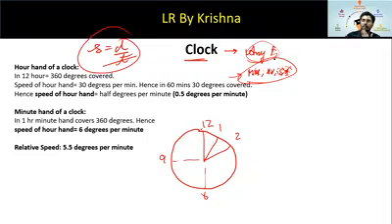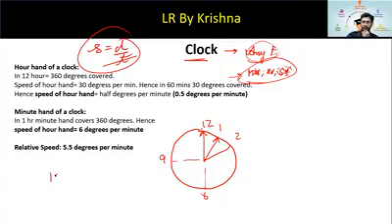But anyway, talking about the hour hand, in 1 hour how many degrees does it cover, guys? Suppose this hour hand is moving from 12 to 1. In 1 hour, how many degrees is the hour hand covering? Or in complete 12 hours, how many degrees is it covering? In 12 hours, this hour hand will complete one circle, correct? From 12 to 12.